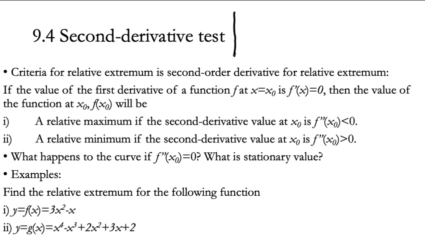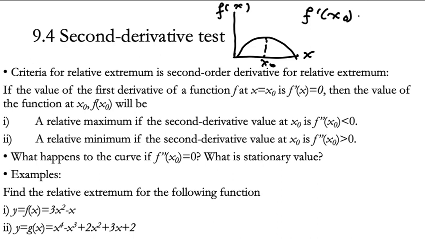Then let's say I gave you this graph. This is for simplification. So x is here, f(x) is here. Let's say it looks like this for simplicity. Let's say the maximum point here is x naught. So you must check f prime of x naught, at the value of x naught. When you check the slope there, it must be 0, regardless of what happens to the left or to the right.